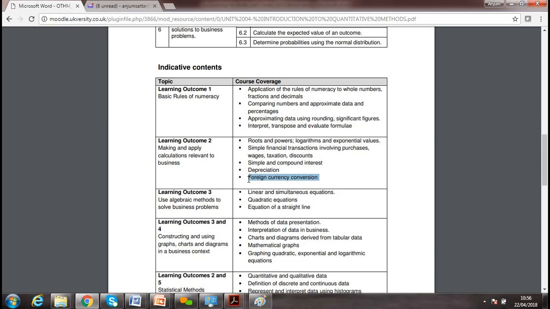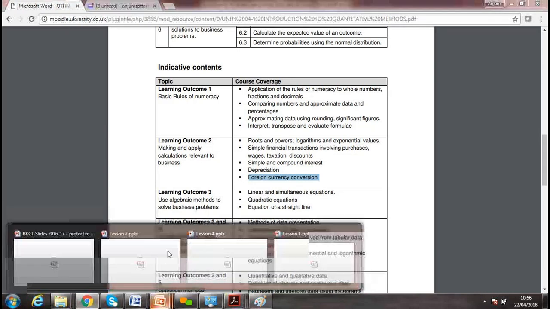Why do we need to convert? Sir, because every country has its own currency. Yes, every country has its own currency, especially when we are preparing financial documents or financial transactions, we need to convert. Has anybody heard about the spot rate?